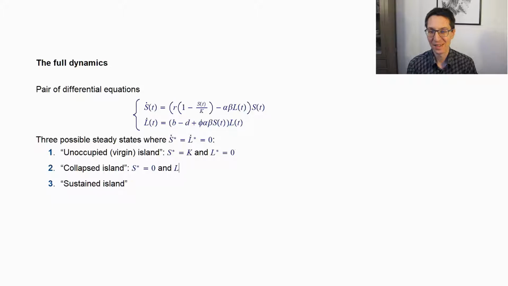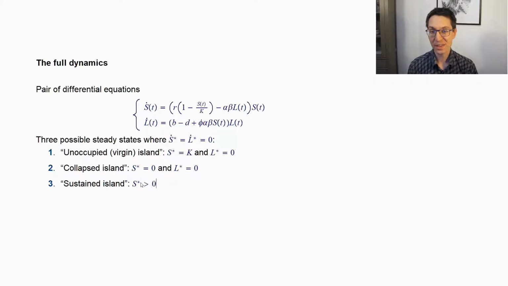So it refers to a state in which nature has been overly exploited and has collapsed, and as a result, the population of the island has completely collapsed as well. And then the third one, the sustained island, means that it's able to sustain both a positive amount of resources and a positive population. So both S star and L star are larger than 0.